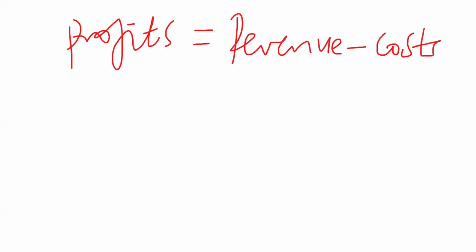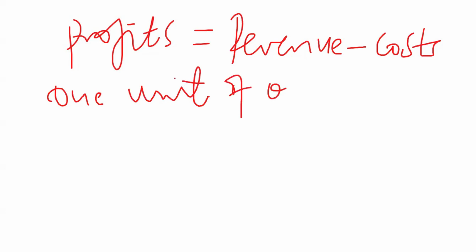That's how we get a profit from our general knowledge. Since we are dealing with only one unit, we are considering only one unit of output.